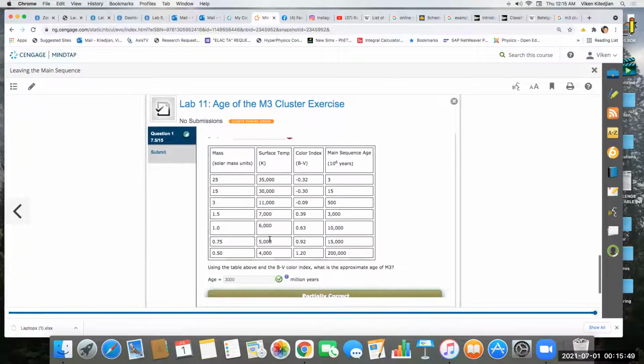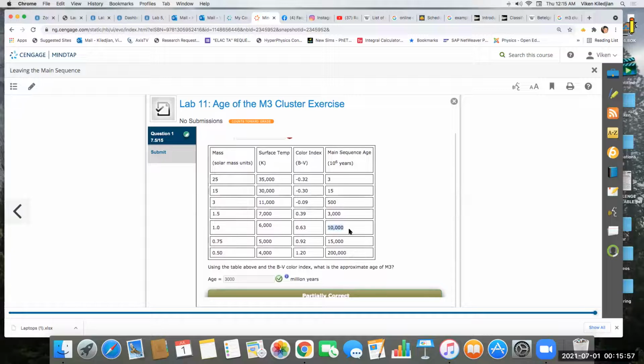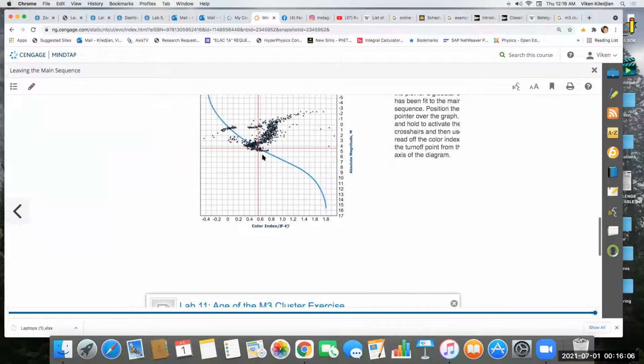If you go to a BV index of 0.55, we need to go towards 10,000 million years. So I was right that the turnoff point is somewhere down here. Basically we're trying to find which star is still living, hasn't moved off the main sequence. The rest are starting to die.